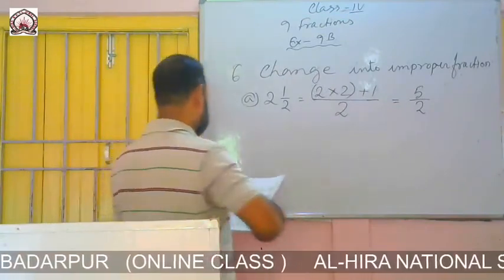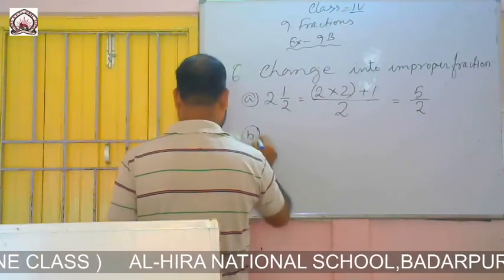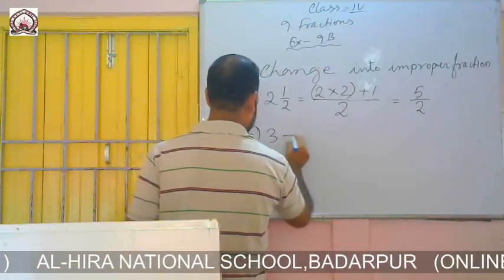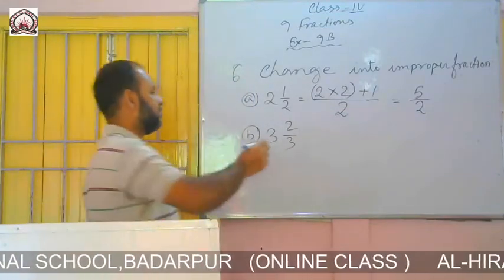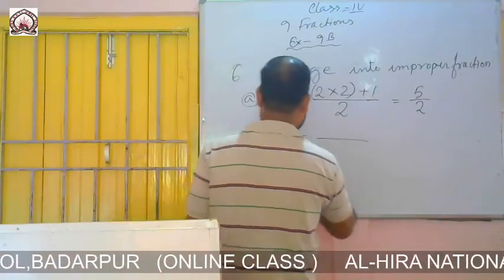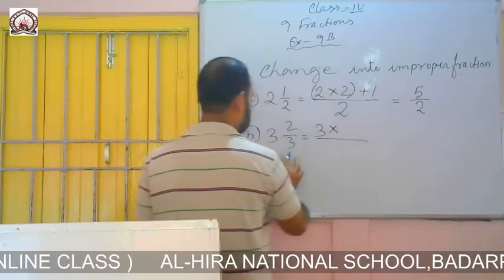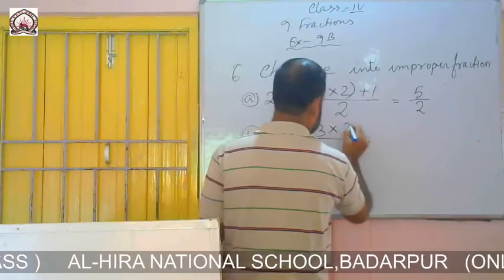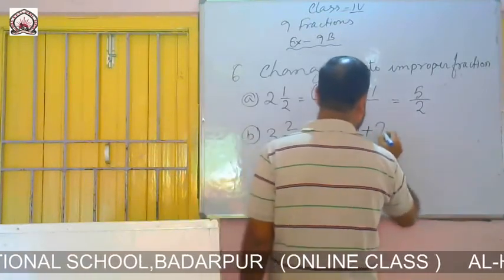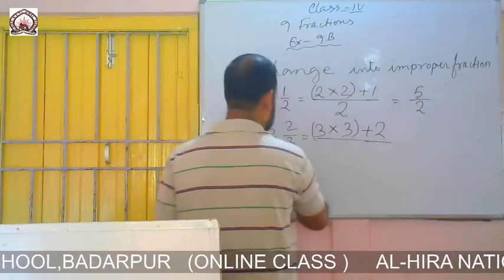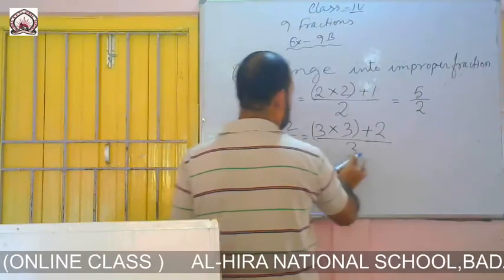So question number B, 3 2 by 3. The rule is the same: whole number into denominator plus numerator, and the denominator always remains the same.